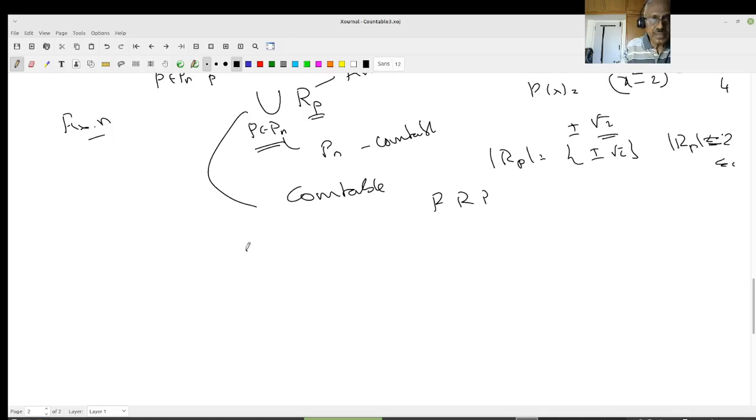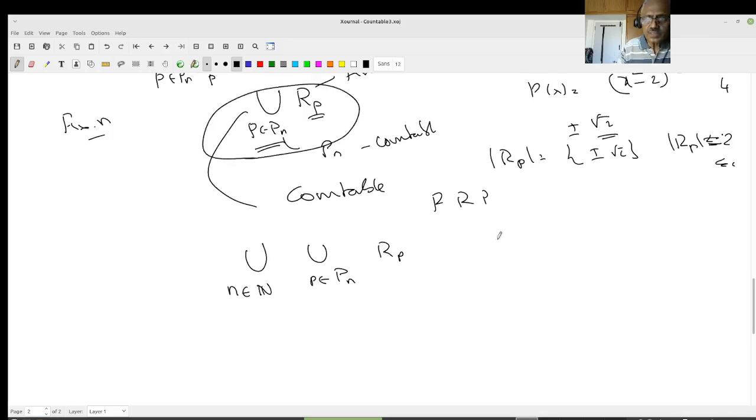Right? Now I can allow n to vary, n from natural numbers, first degree to infinity. This is the union over P in Pn of R of P. So this set is the set of all roots of polynomials of degree equal to n. All roots, whatever polynomial you give.